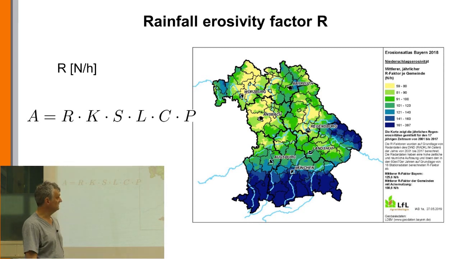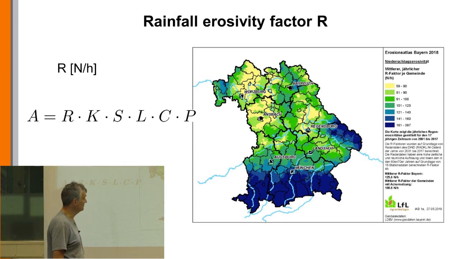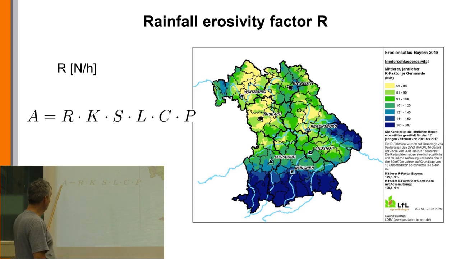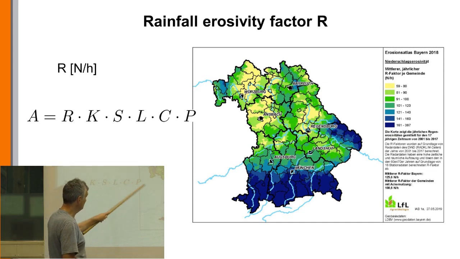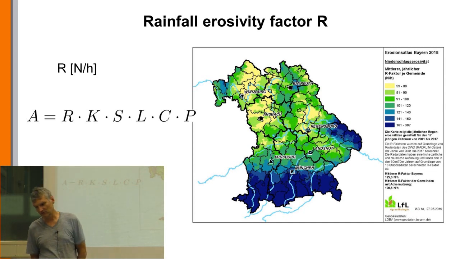It is used in the universal soil loss equation, sometimes called USLE, where the soil loss in tons per hectare and years is calculated as a product of factors: the rainfall factor, the soil factor, the slope factor, the length factor, the coverage factor, and the protection factor. These are the factors in the universal soil loss equation.